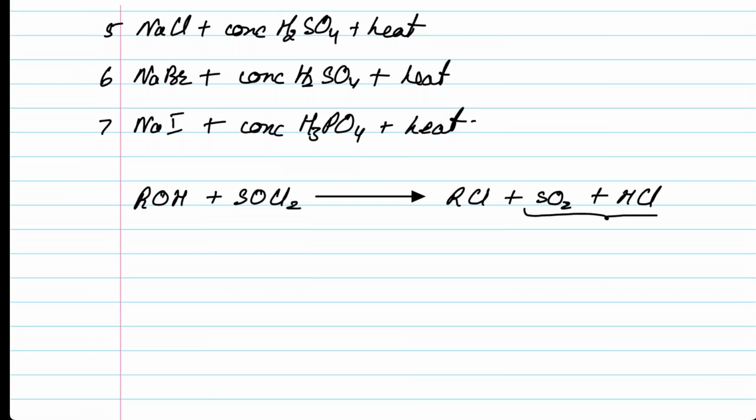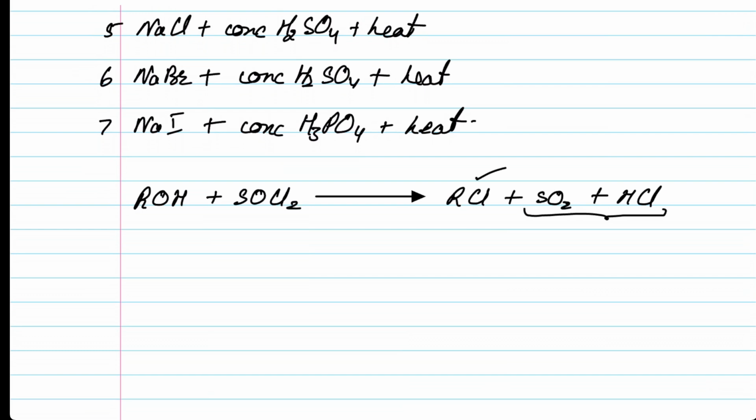The byproducts which are being formed are gases, so they are easily eliminated from the reaction mixture. That is how we are able to get relatively pure alkyl halides. Further, no carbocation is being formed in this particular reaction, so no rearrangement takes place. That also could be a useful technique.